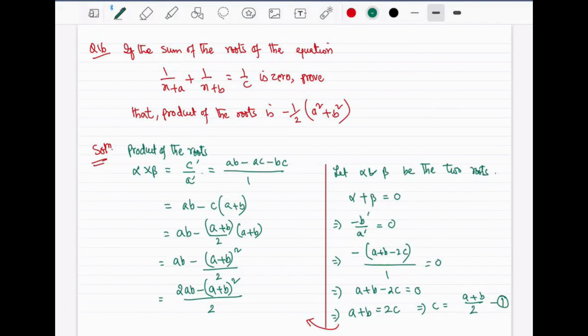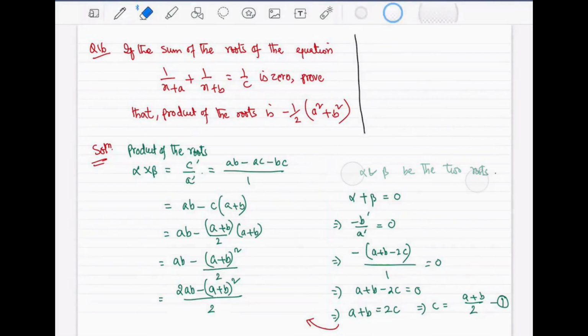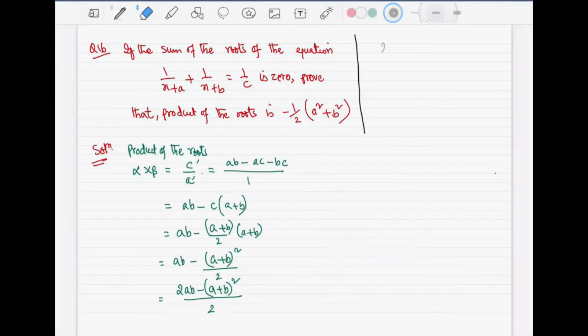Now look, this portion, twice AB minus A plus B whole square. Let's calculate it on the side. Okay, I'm rubbing this off. So twice AB minus A plus B whole square. What do we get? 2AB minus, open the bracket, A plus B whole square is A square plus B square plus twice AB, right?